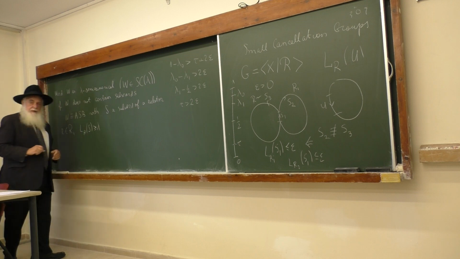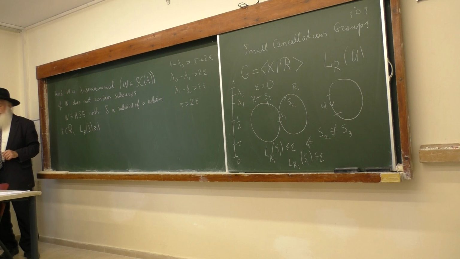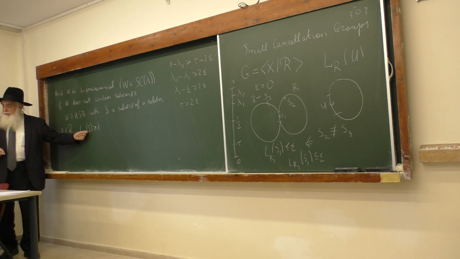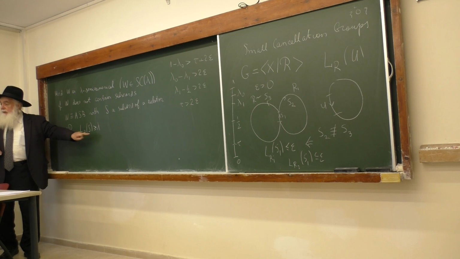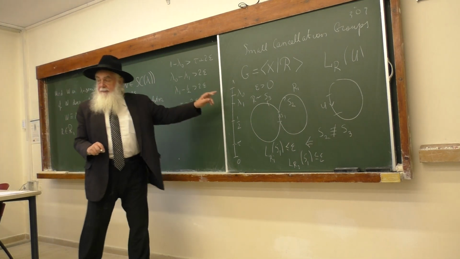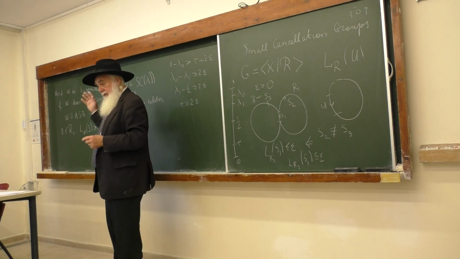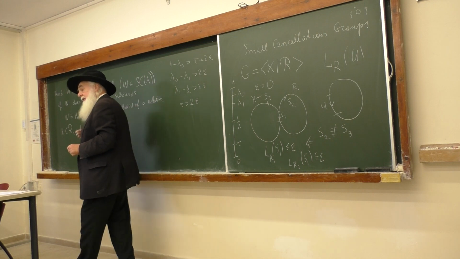So we consider the set of forbidden words. Forbidden words are subwords of relators such that their length, their measurable length function, whatever you call it, is bigger than or equal to lambda. Lambda is any number; I didn't fix it. It could be lambda 0, lambda 1, etc. This definition depends on the parameter lambda.